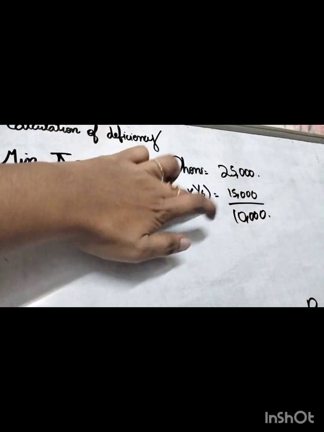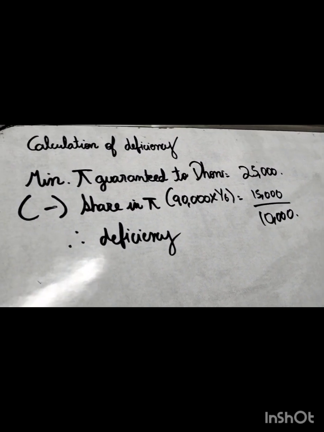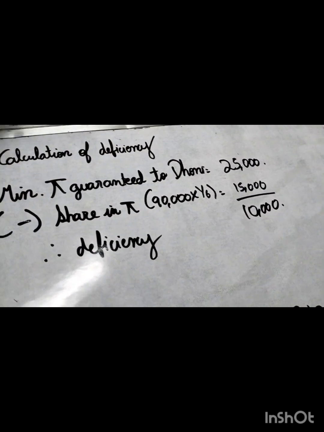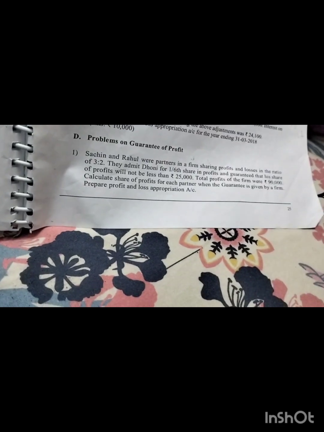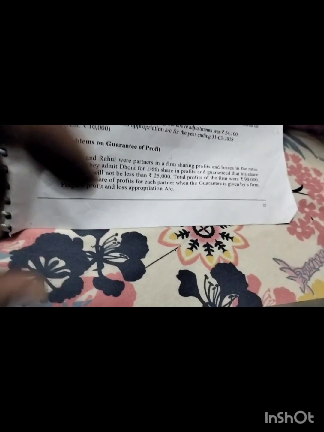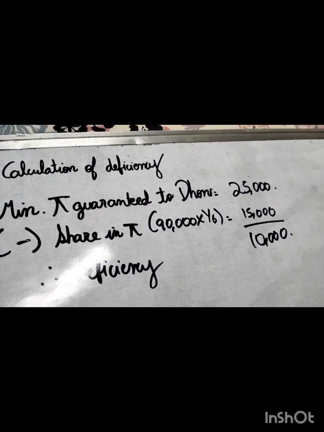You subtract 25 minus 15, that's 10. Because in the question they have clearly given that his share of profits will not be less than 25,000, the guaranteed profit to Dhoni is 25,000. Then you subtract, and you get the deficiency, that's 10,000.